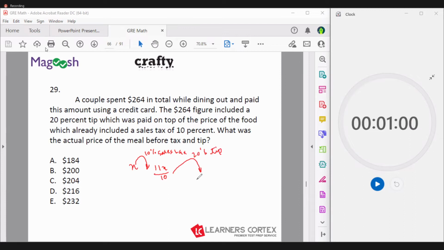So 20% of X plus 10 by 100 into X, its total is equal to 264. So when we calculate for X, we get $200.